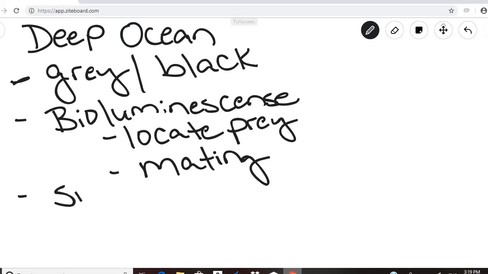As you can imagine, they have small eyes or even no eyes because there's no light.